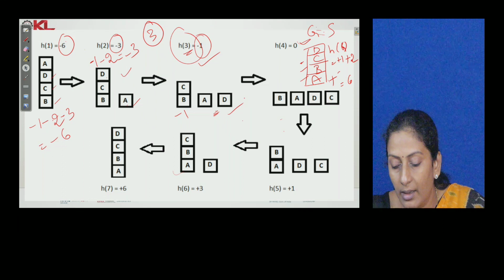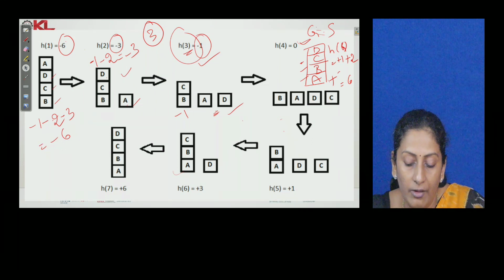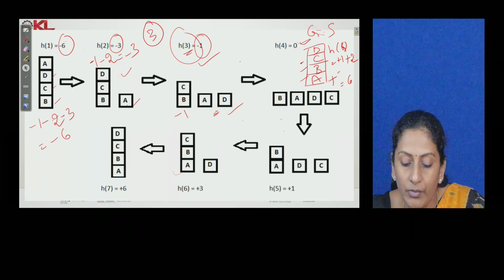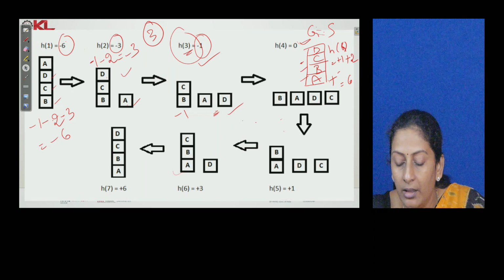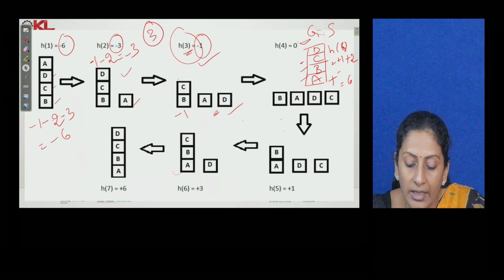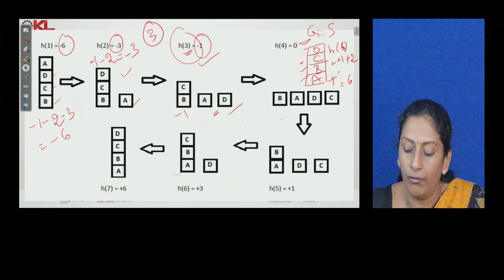Three alternatives are there, and not only three. A can be placed on a block, D can be placed on A, so there are more alternatives from state 3. Here we consider only one step, arbitrarily. So here I take C and place it on the floor.